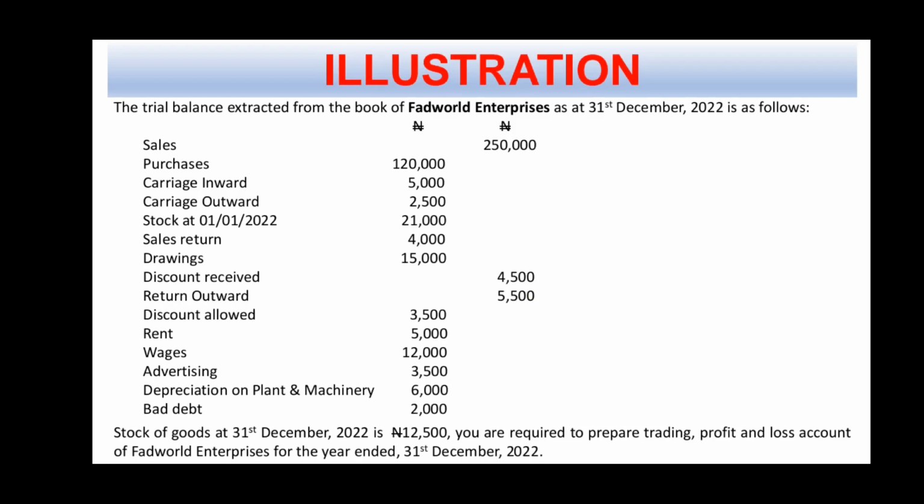The trial balance extracted from the books of Fadwood Enterprises as at 31st December 2022 is as follows. We have sales 250,000 naira, purchases 120,000 naira, carriage inward 5,000 naira, carriage outward 2,500 naira, stock as at 1st of January 2022 21,000 naira.